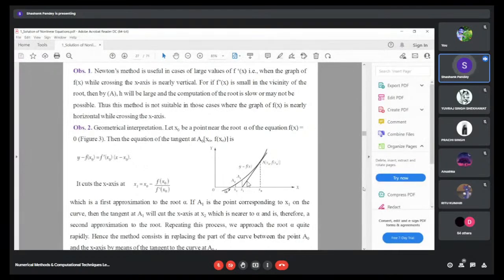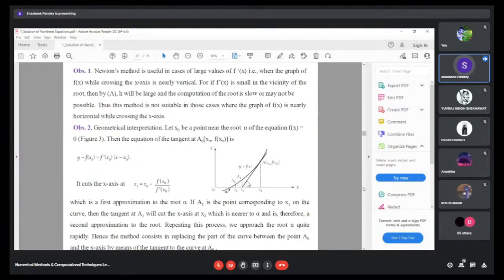Then we can write the equation of the straight line as y minus f(x0) equals the slope m, which is given by f'(x0), times x minus x0.